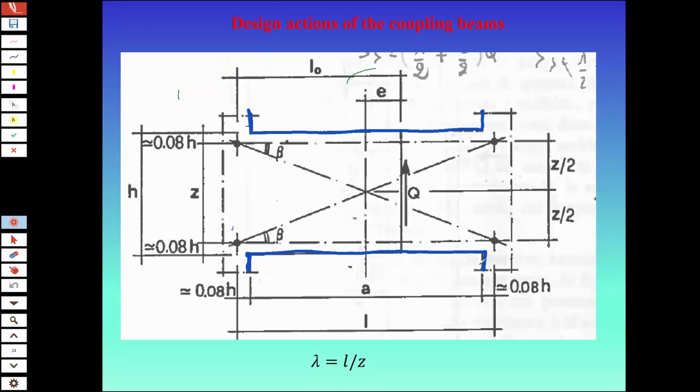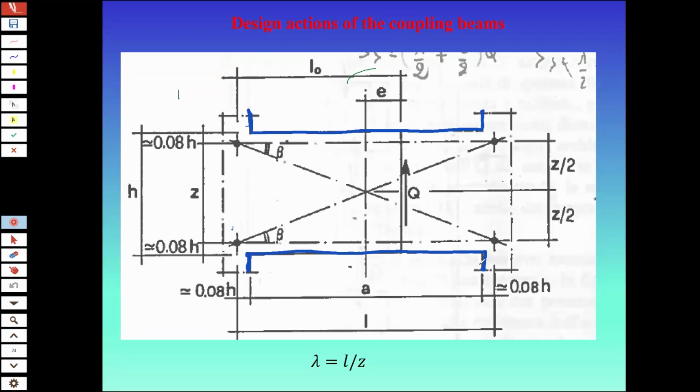So actually, as we said, if the layout of the openings in the wall is reasonably symmetric, the counterflexure point will be in the middle of the coupling beam. So that E will be 0. If the layout of the openings is strongly non-symmetric, the counterflexure point is at the edges, and so that E will be half the length of the coupling beam.